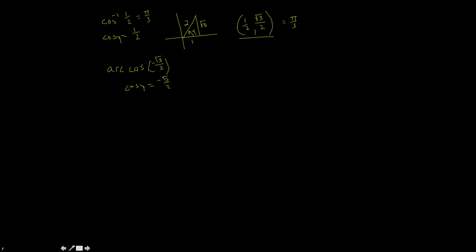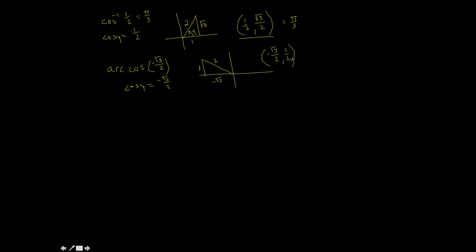So what we need to do here, if you can't figure that out, is to draw your unit circle and draw your reference triangle. So cosine would be negative square root of 3 over 2, which would give us a sine of 1/2 here. So this would be the point negative square root of 3 over 2, 1/2.